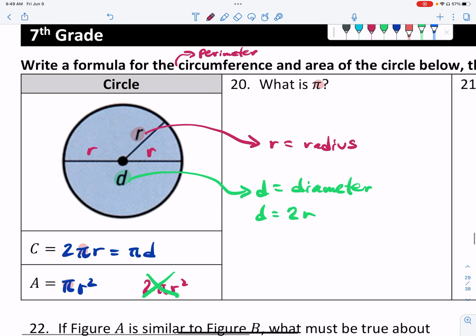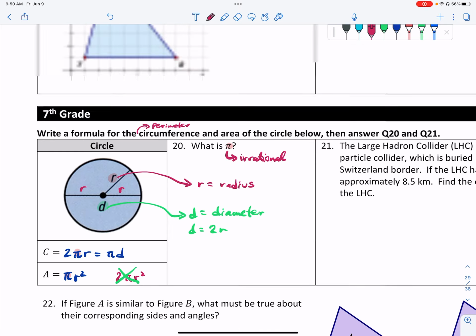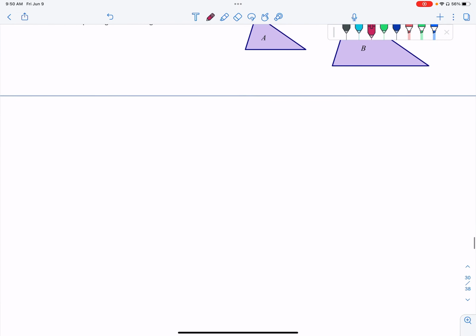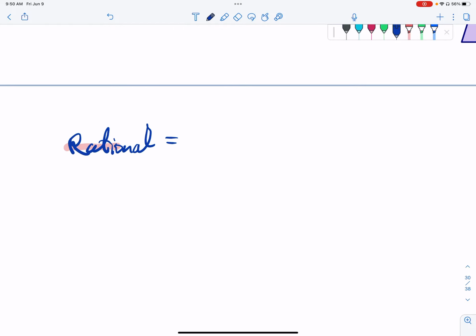Pi is an example of an irrational number. Irrational means not rational, the opposite of rational. What is a rational number? Here, let's talk about that for a second. Rational, its root word is ratio. And so a rational number is a number that can be written as a ratio of integers.